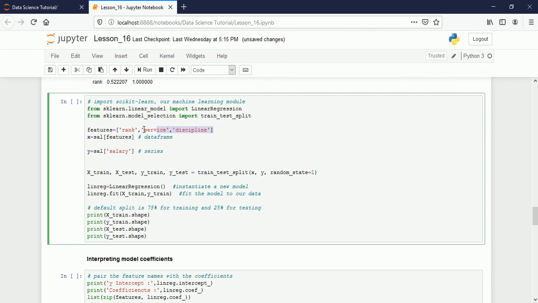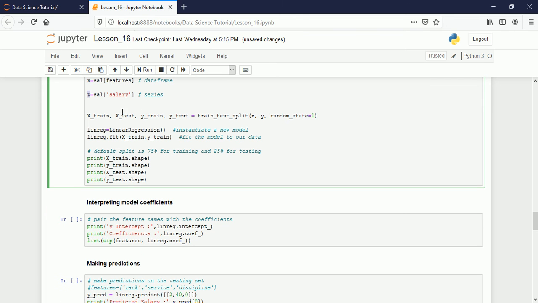So it is multiple linear regression because we have more than one independent variable. We have 3 independent variables, and we are going to predict the salary of the employee based on these 3 independent variables. So this is the x value, meaning the features, and the y value is a series of numbers, that is salary, and that will be our response value.